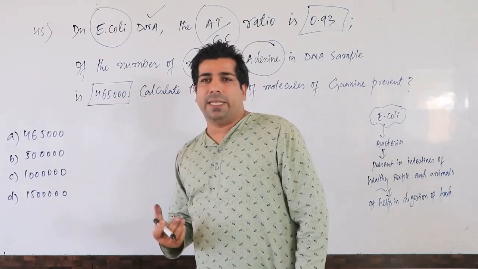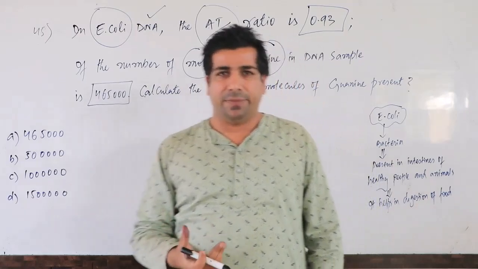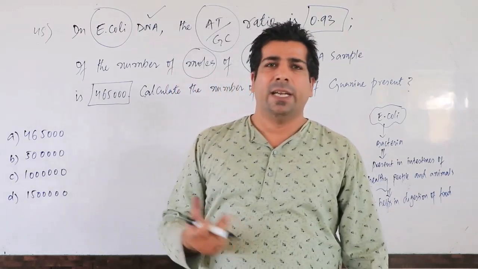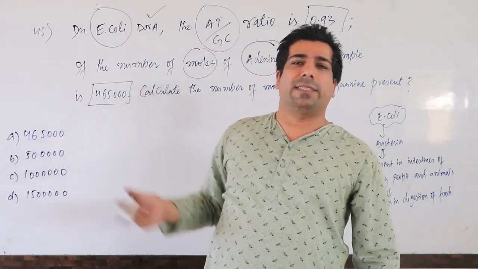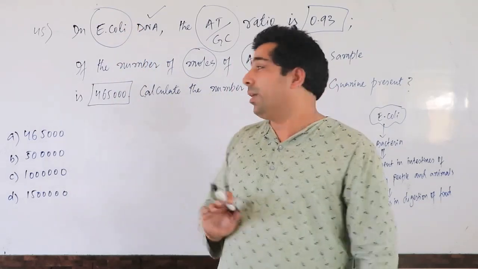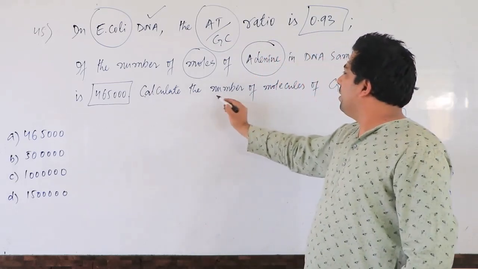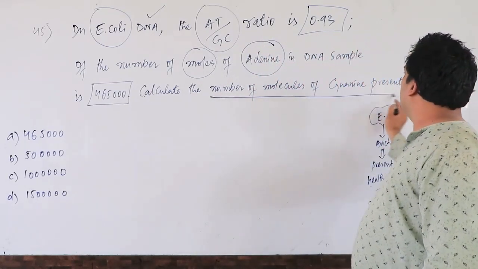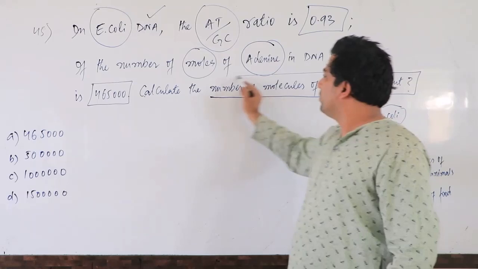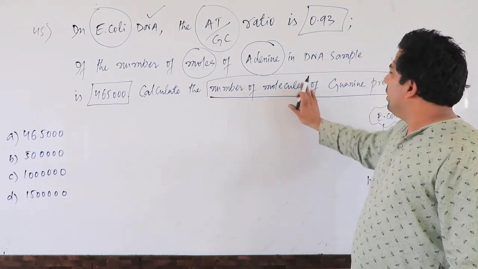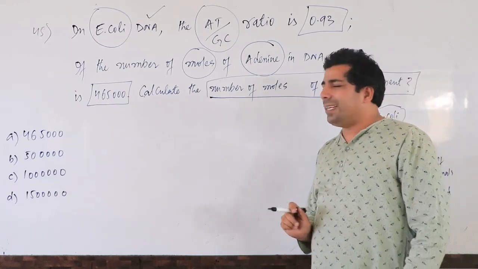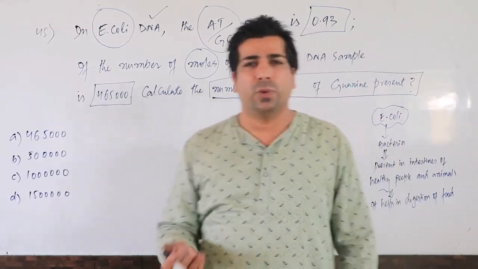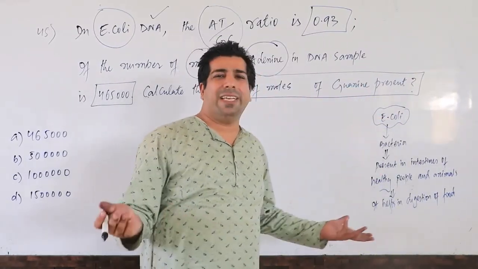So that means the number of moles of adenine, it's a nitrogenous base, in the DNA sample of E. coli is 4,65,000. Correct? Then calculate the number of molecules of guanine present. So in place of molecules you can write here moles. Okay? Calculate the number of moles of guanine present. So it's a very easy thing.